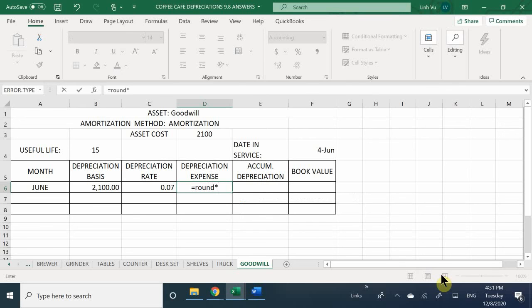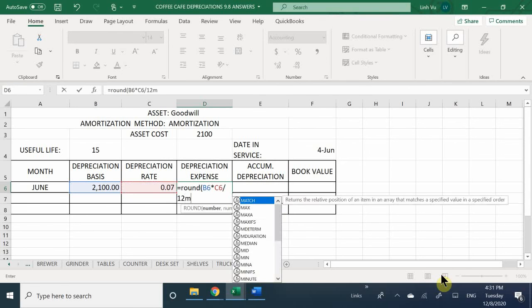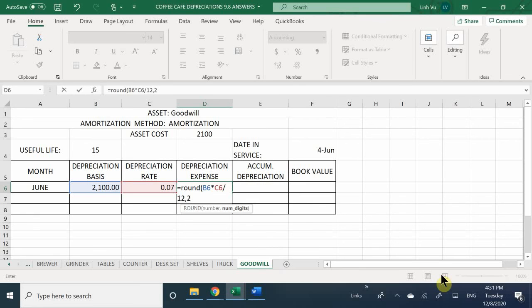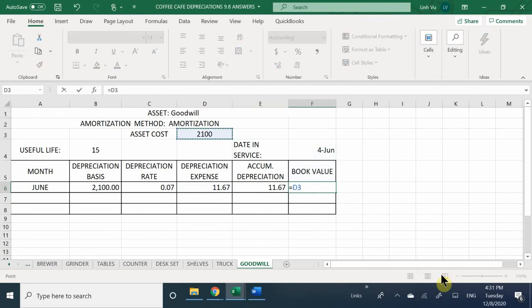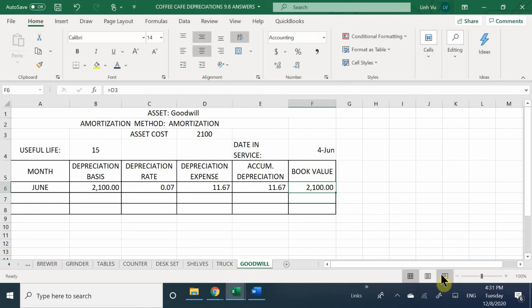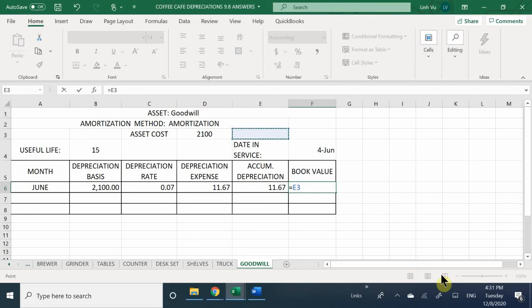Equal round. This times the rate divided by 12. I came up with $11.67. Good.